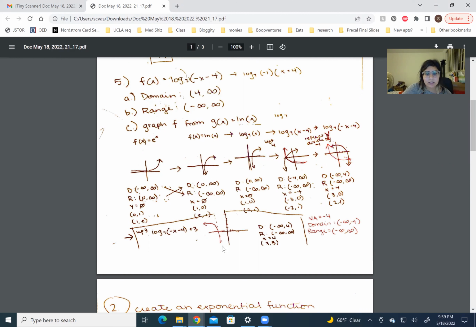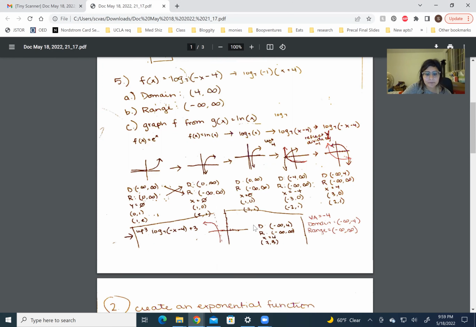So I redid it down here, and this is the graph reflecting over the y-axis, and the vertical asymptote here, sorry, is -4. And then the domain becomes negative infinity to -4. And then the range is negative infinity to infinity. So that's what this graph represents.